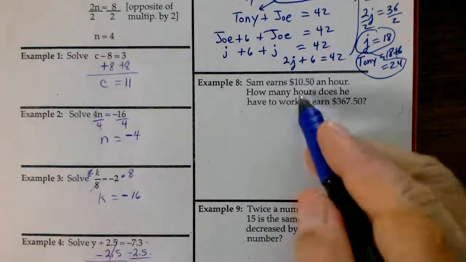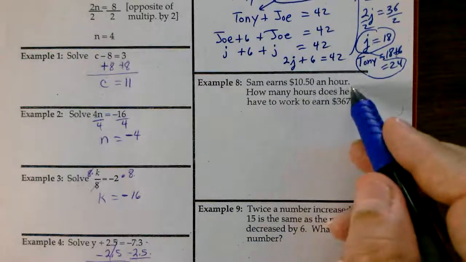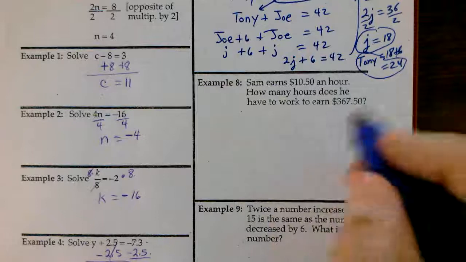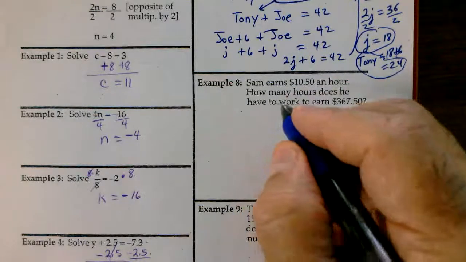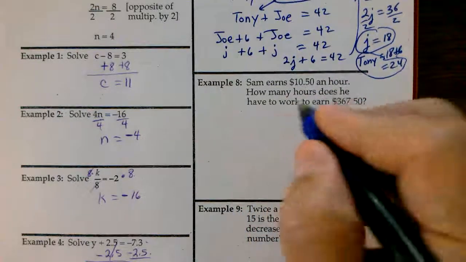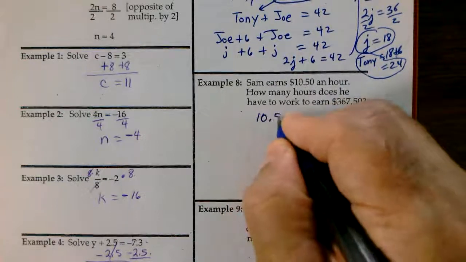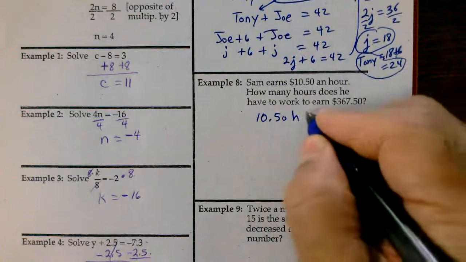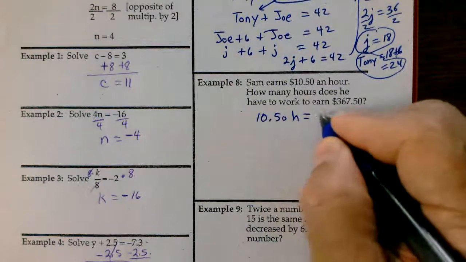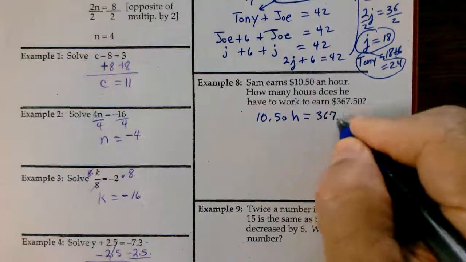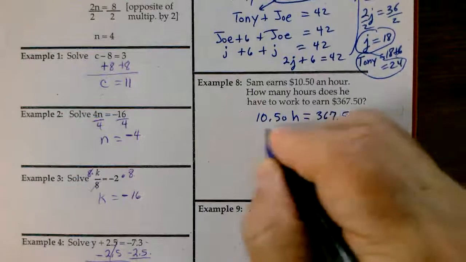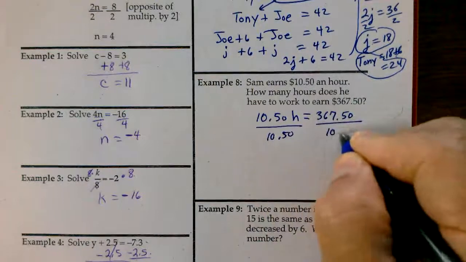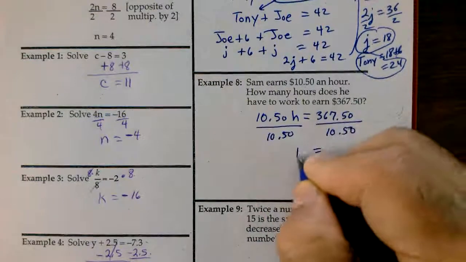Here's another example. It says, Sam earns $10.50 an hour. How many hours does he have to work to earn this much? Remember the XY tables we had in a previous lesson. We know it's $10.50 an hour times H for some number of hours equals 367.50. To make a long story short, we now divide both sides by that.